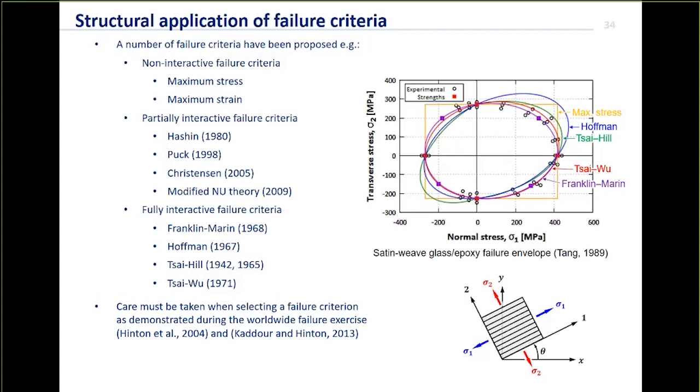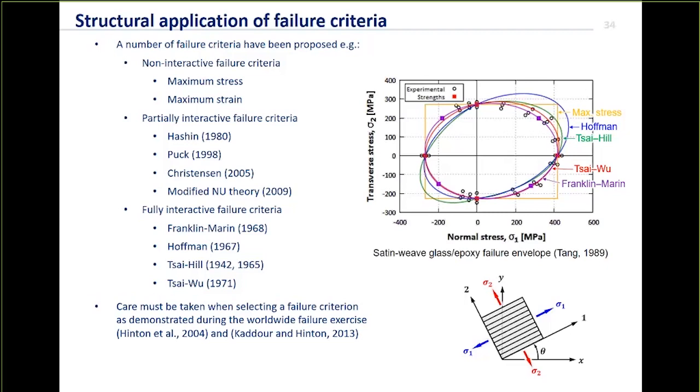Which of those is best is going to be material dependent, depends on the material system that you're dealing with. The other thing I'd say is that these are applied failure criteria, and the fact that you've got a failure of applied doesn't necessarily mean that your structure's broken.